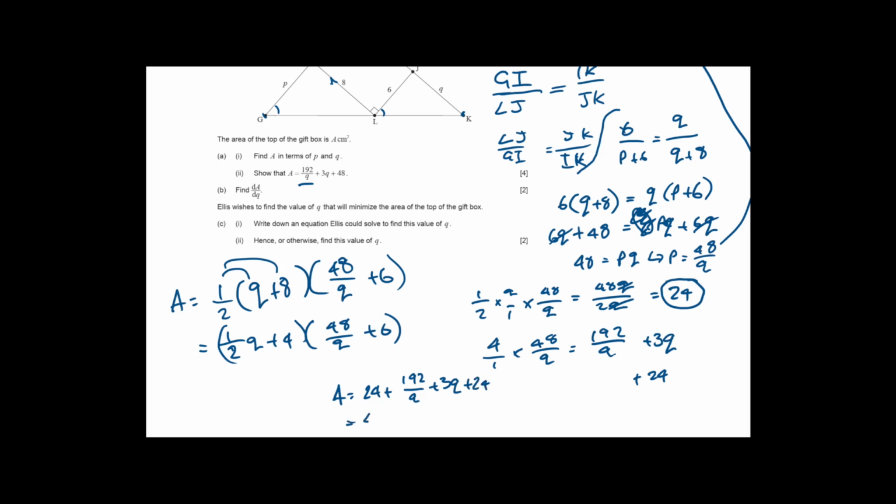Collect up those 24s, so 48 plus 192 over Q plus 3Q. Is that the same as what we've got? Yep, different order, but it's true.